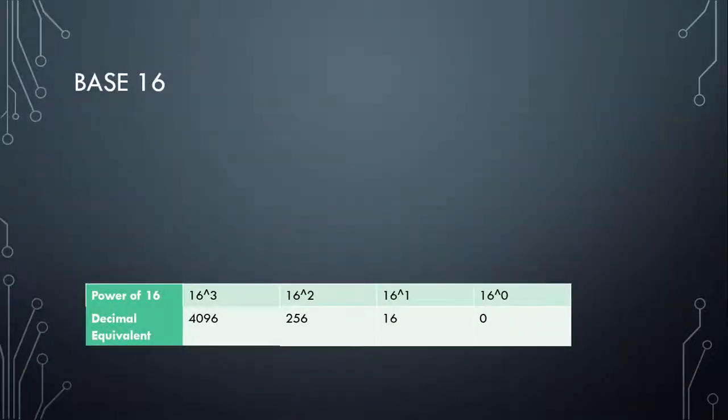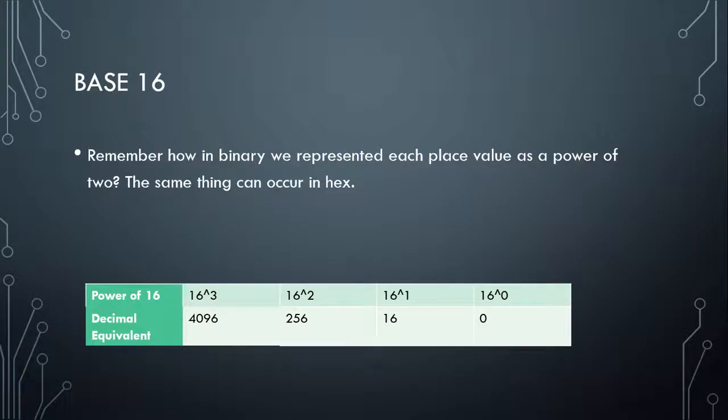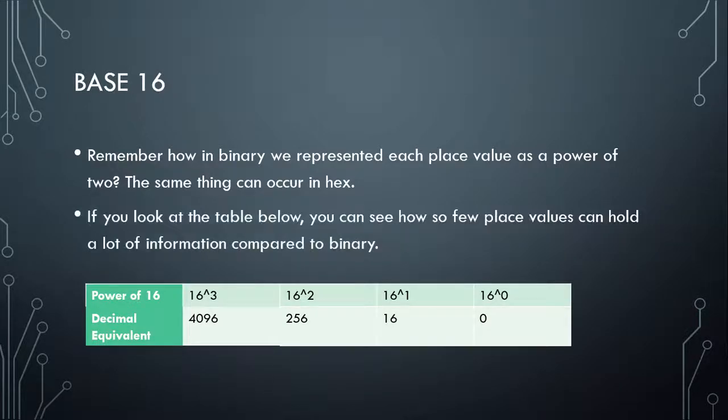Now, base 16. I have a little quick table here. Remember how in binary we represented each place value as a power of 2? The same thing can occur in hex. If we look at this table, you can see how so few place values can hold a lot of information compared to binary. So with powers of 16, 16 to the power 0, that should actually say 1 there. That's a small typo, ignore that. That should say 1. 16 to the power of 1 is 16. 16 to the second is 256. 16 to the third is 4096.